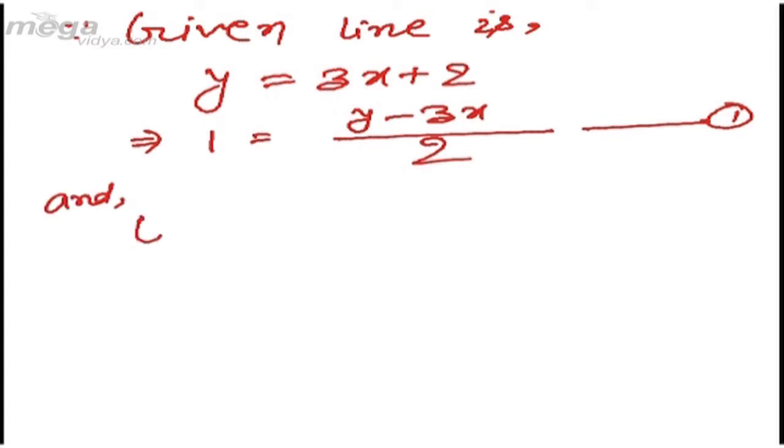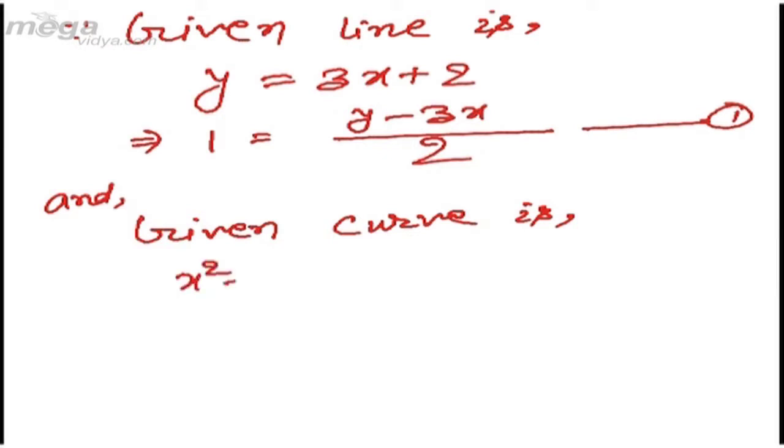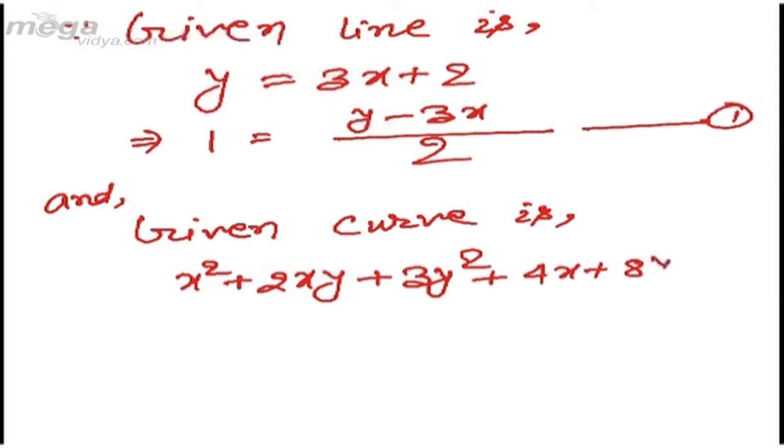and the given curve is x square plus 2xy plus 3y square plus 4x plus 8y equal to 11. Now we will make this equation a homogeneous equation with the help of this one.